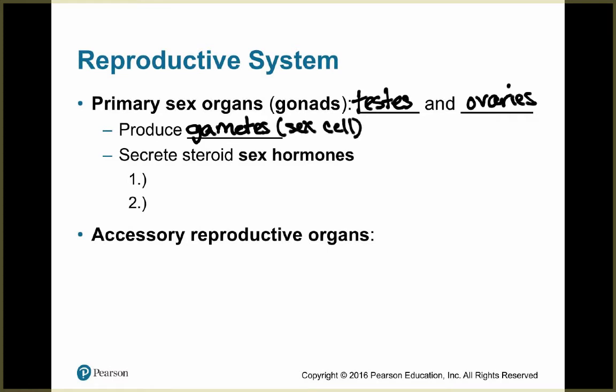So how I always remembered this is: sex is a game. It's not the most PC way of saying it, but that's how I remembered what gametes were when I was going through school. Now, gametes are basically sperm and ova. Sperm being the sex cells that are produced in males, and ova being in females.